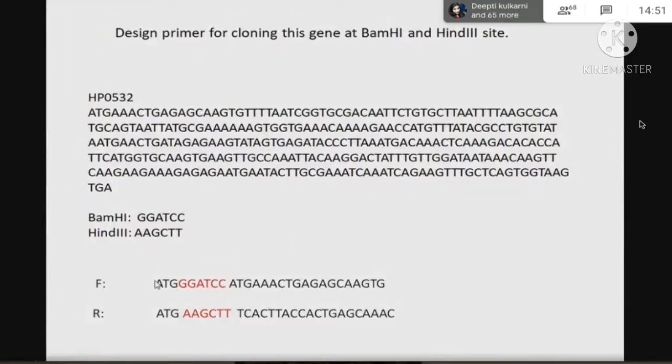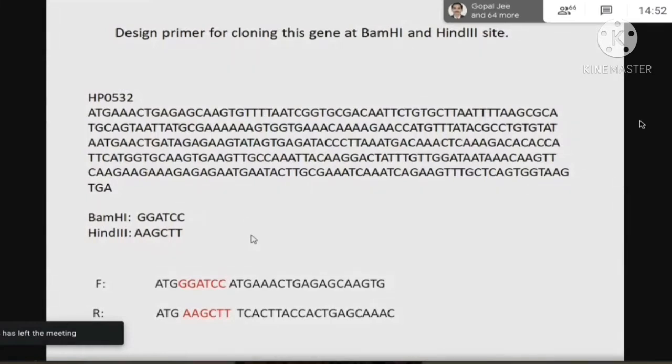Again, this length, not sequence, I'm talking about length. Depending upon which enzyme you are going to use, this length may increase or decrease. Extra flanking site length varies depending upon the restriction enzyme. Some restriction enzymes need longer extra sites, some need smaller.